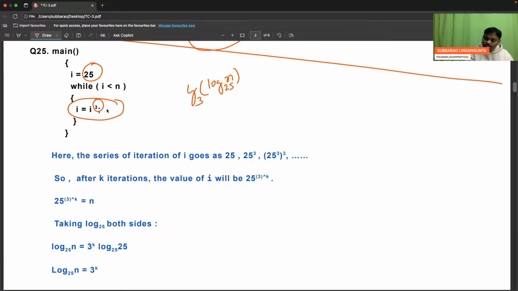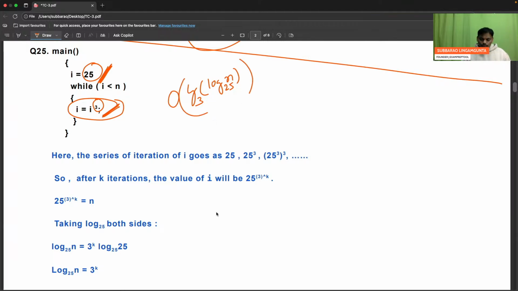This one is power, so he will come after some time, but this one is direct, the starting itself, so he will come first. So inner one means starting, 25. Outer one means lastly he will come, so 3. So the answer is big O of log log n. If you want the base also, inner base 25, outer base 3.